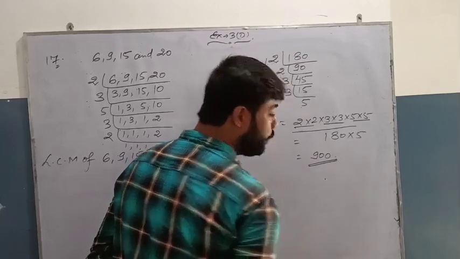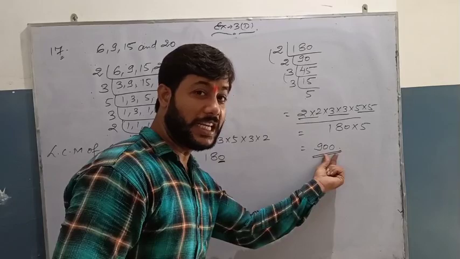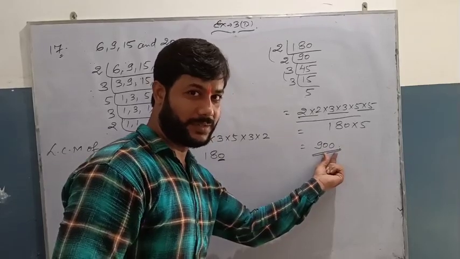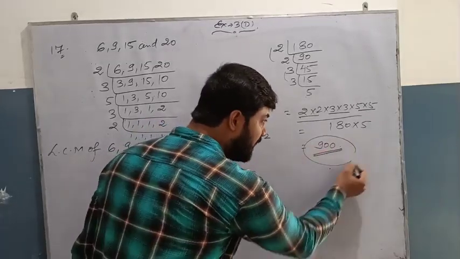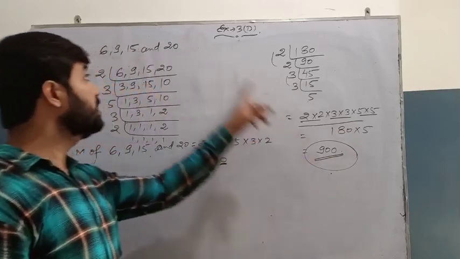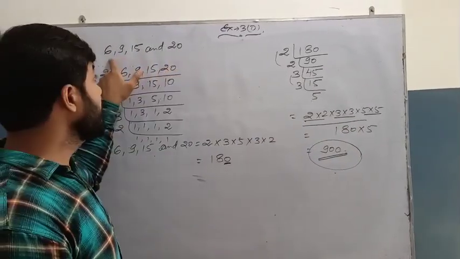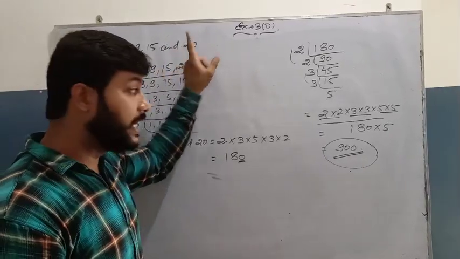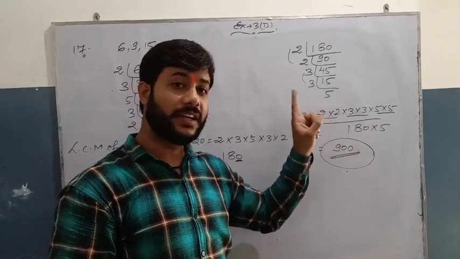So here what we got, 900 is having 2 zeros, that is an even number of zeros, right? So it has become a perfect square. So 900 is the least perfect square number which is divisible by each of these given numbers. 6, 9, 15 and 20 can divide 900, and 900 is a perfect square.